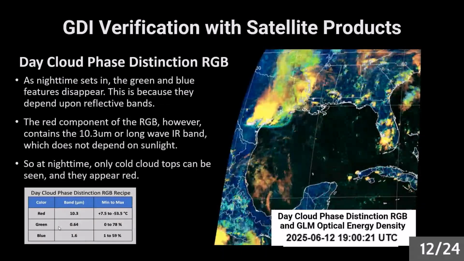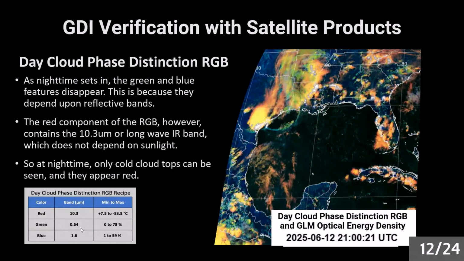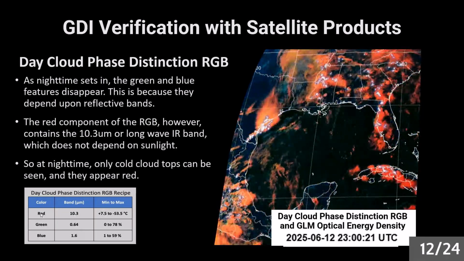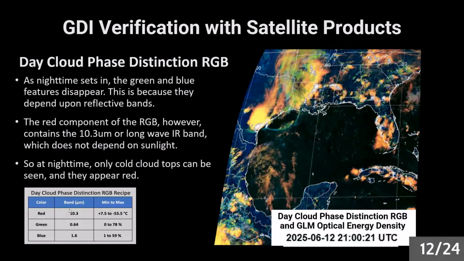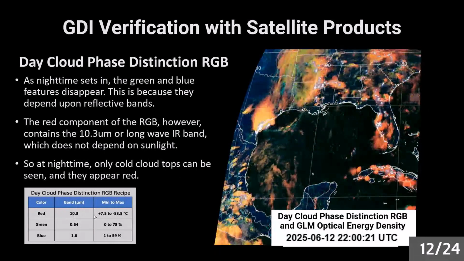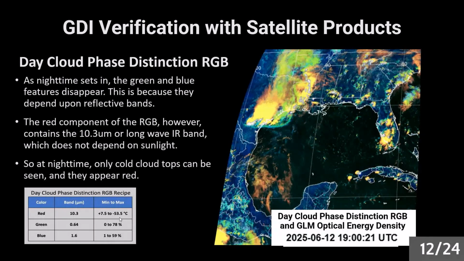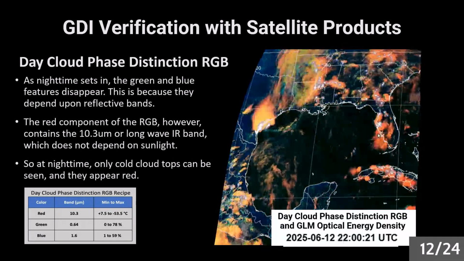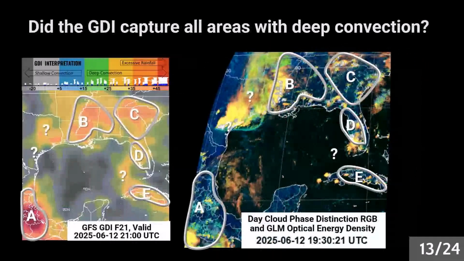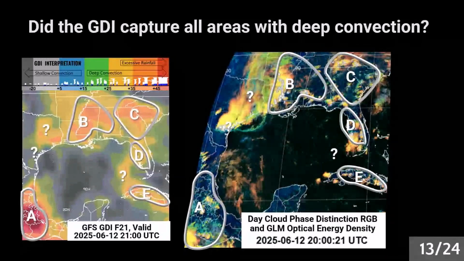So when the sun sets, these become black. The data disappears. So the only data you will get is data from the red component of the RGB, which is the 10.3 micrometer band that gives you information about the cloud top temperature. So at night, this RGB is not very useful, but you will still see the cold cloud tops in color red.